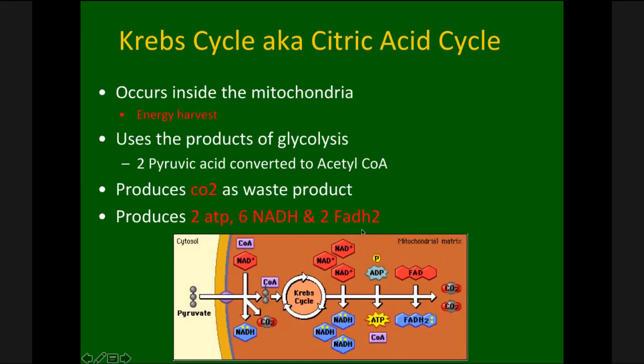And check this out, 2 FADH2s. These are another energy storage molecule, right? So you're harvesting the energy from breaking the glucose down into its CO2, right? And then you're storing all that energy as NADH and FADH2. Good?